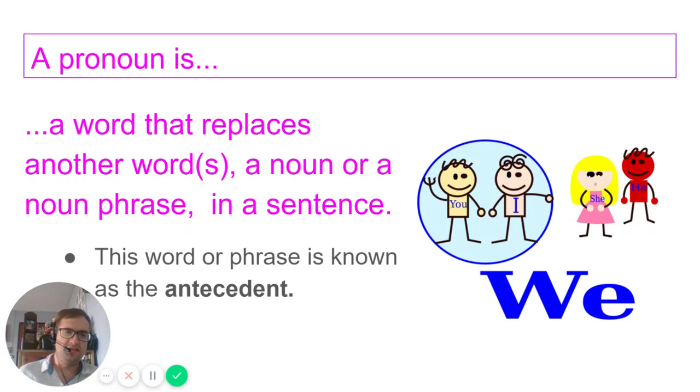So if we have a sentence, Jim drives the car, Jim drives home, Jim arrives home, Jim has dinner. There's so many repetitions here of the word Jim.